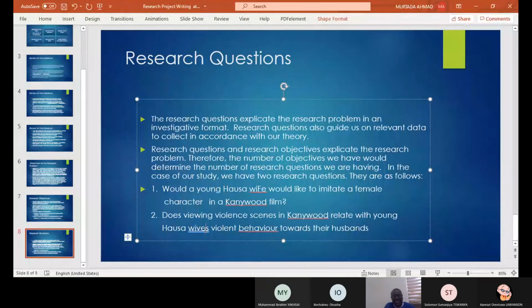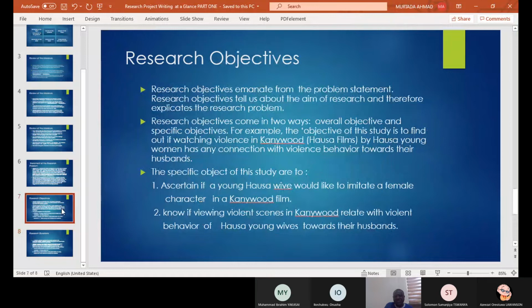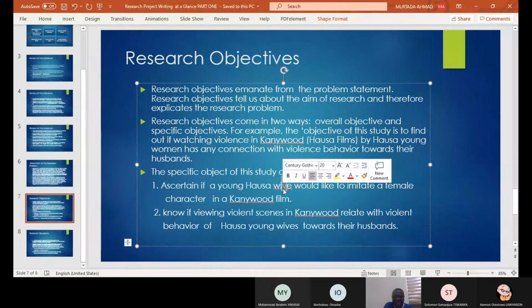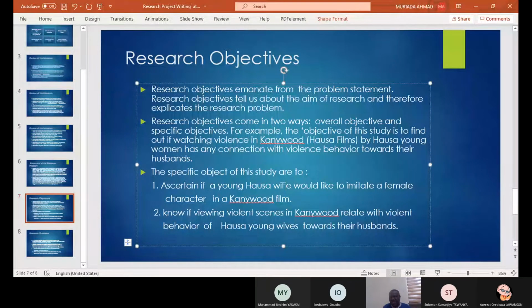If you look at it, you will see that it has a connection with the objective. Number one objective of the study, which of course is to ascertain if a young Hausa wife would like to imitate a female character in the Kannywood film. This is a general question.